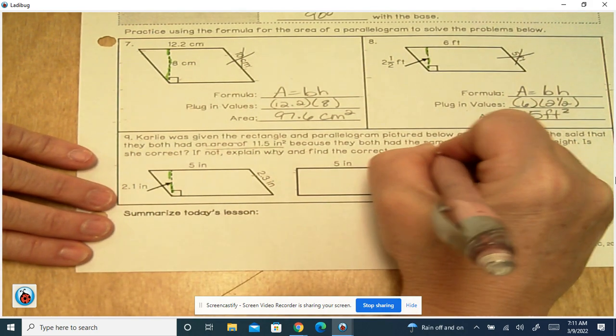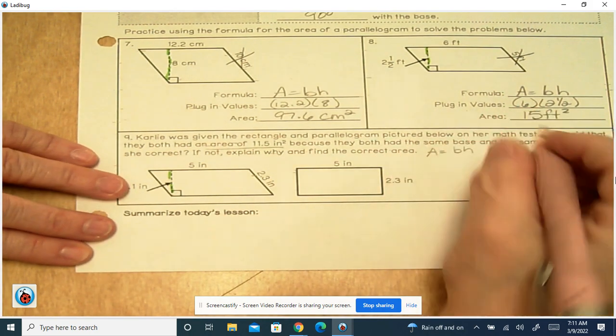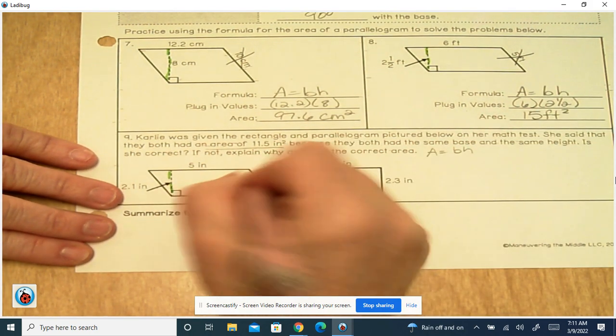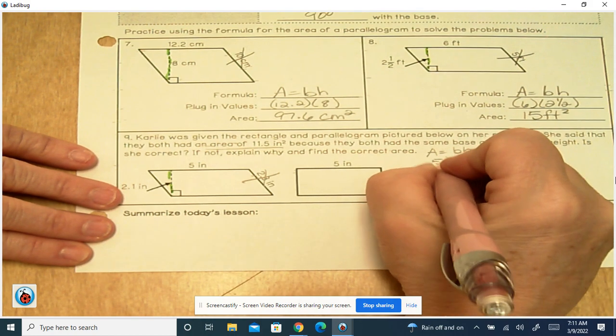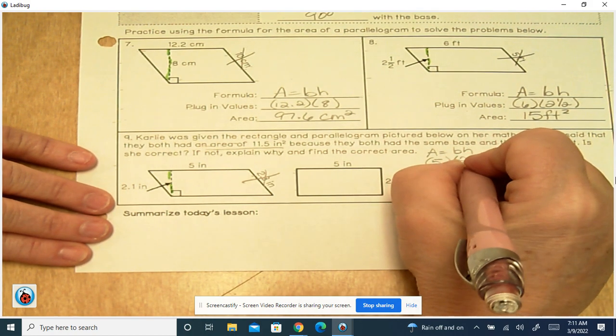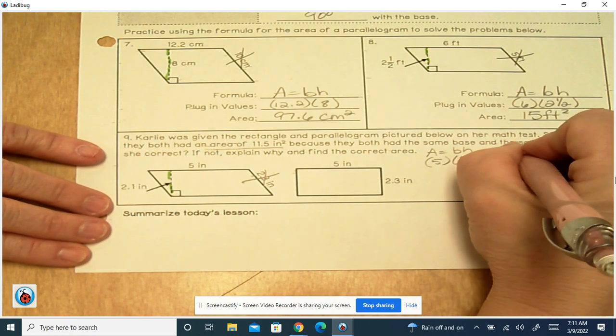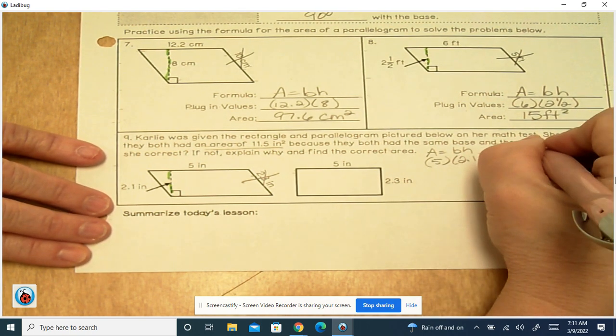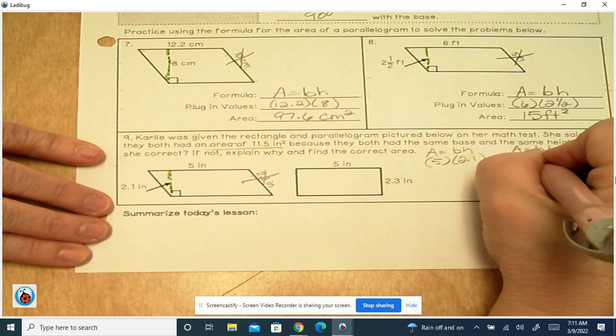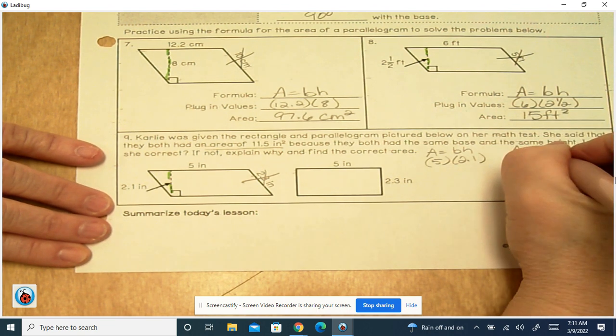So the area of the parallelogram being base times height, mark out that 2.3. We have a 5 times 2.1, which is the height. Over here we have area equals base times height, which is a 5 with a 2.3 height.